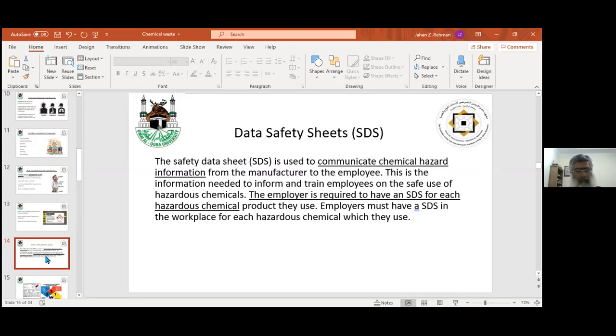For example, if I am the lab in charge dealing with first year students in the chemistry department or engineering faculty, I may explain everything to them. I have to provide a safety data sheet for every chemical, especially for the acids and the organics.